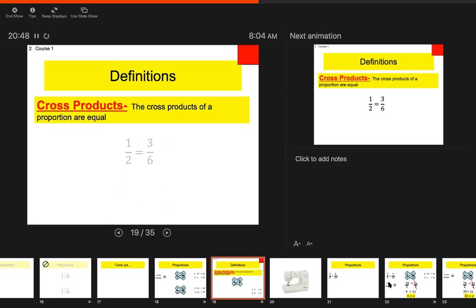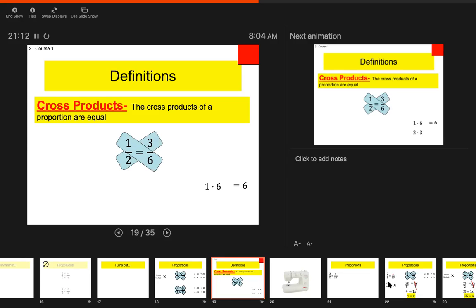It says the cross products of a proportion are equal. In other words, if I take what's on the upper left and multiply it by the lower right, I will always get the same number as when I take the bottom left and multiply it by the upper right. 1 times 6 is the same as 2 times 3.